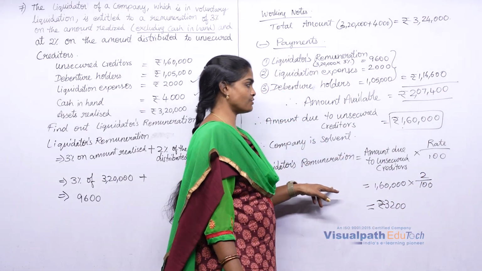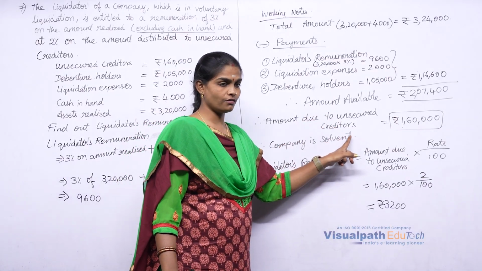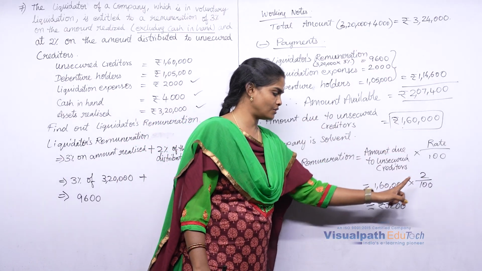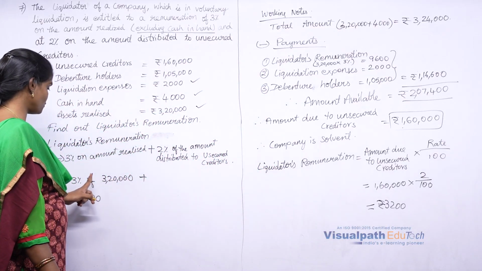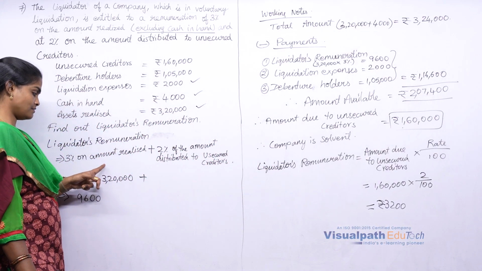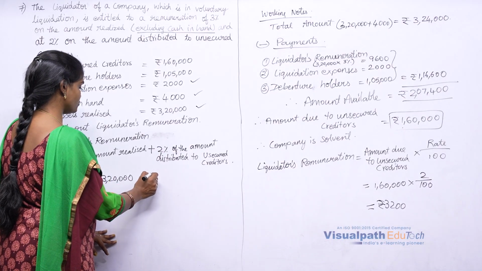So first we have to check whether the company is solvent or not. Depending upon that, the formula will be. So 3,200 we will include along with 3% of amount realized.